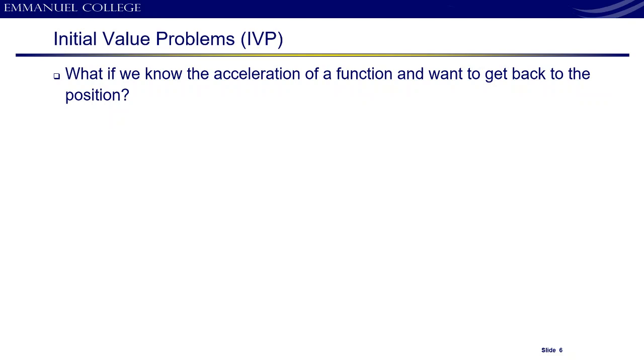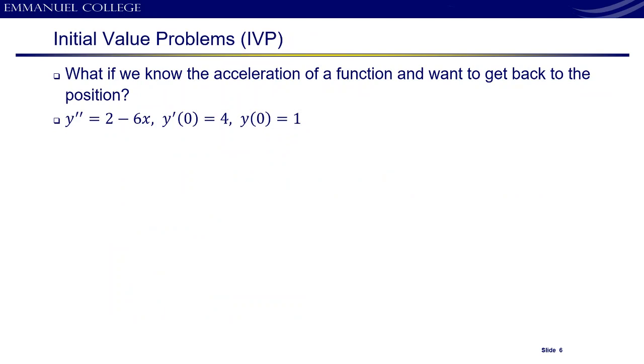Now, one application is the idea of initial value problems. So, like beforehand, we knew the velocity. Now I'm going to start even further down. I've got the acceleration. How do I get back to position?